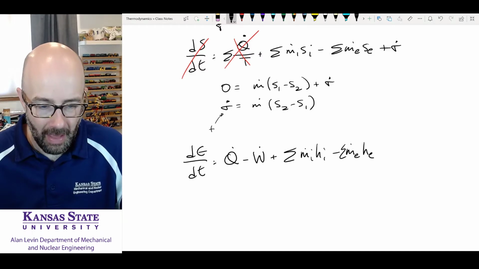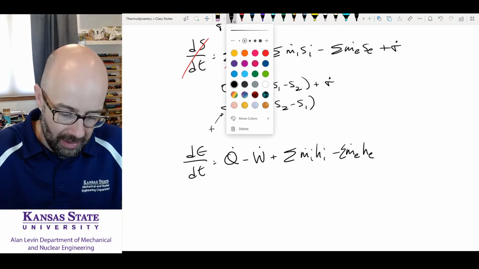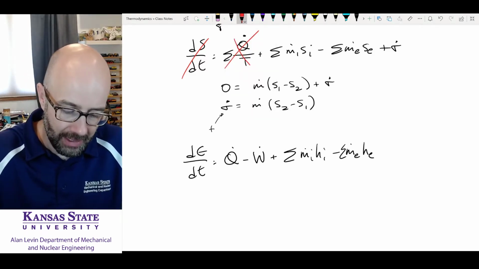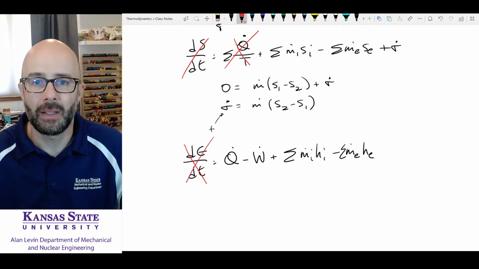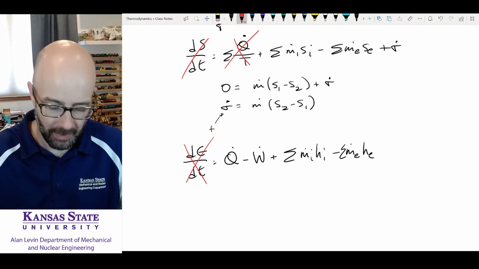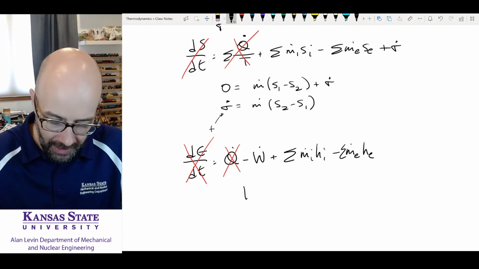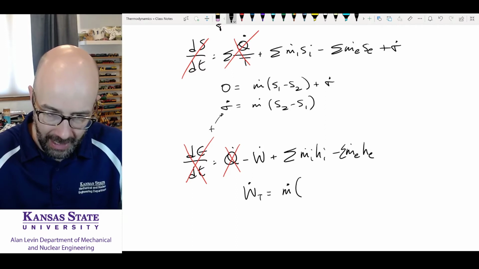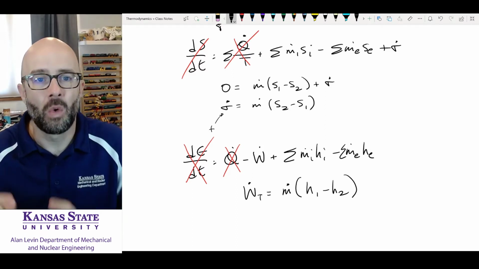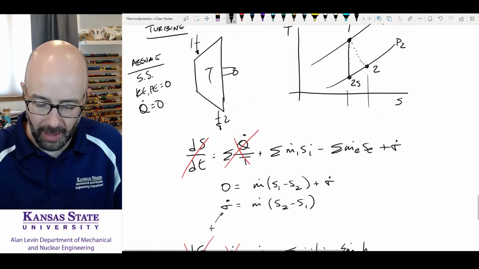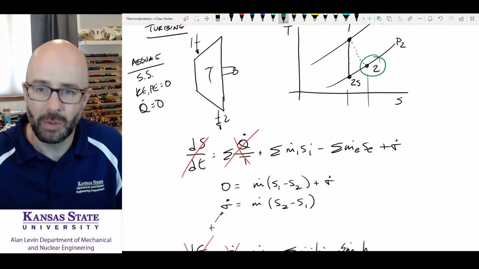Okay. If I go through my substitutions here, or my assumptions here, your energy is going to go to 0. You're going to have no heat transfer here. And we're going to say that W dot of my turbine is going to be equal to m dot times H1 minus H2. Okay, that corresponds to this state 2 up here that we have still. It's corresponding to this state 2.